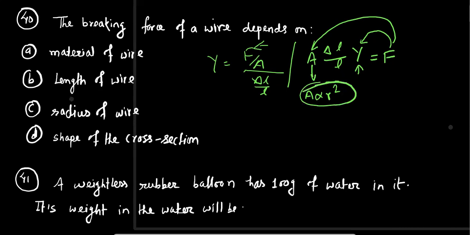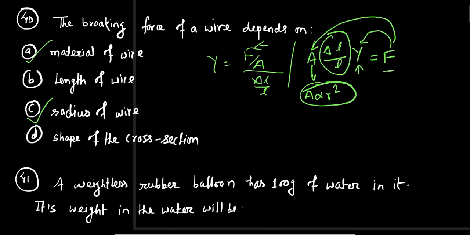So radius of wire and material of wire are the two parameters on which the breaking force depends. Strain is constant for a given material, so it can be treated as a constant.